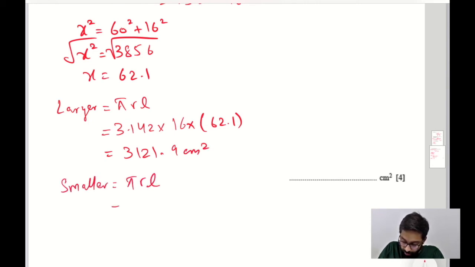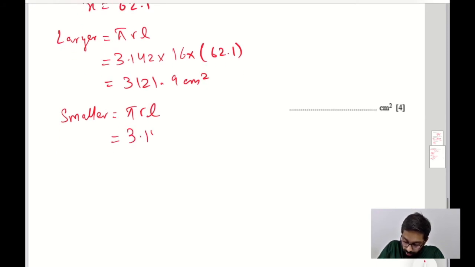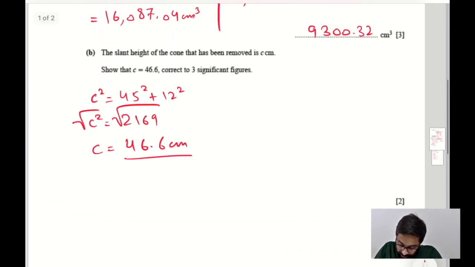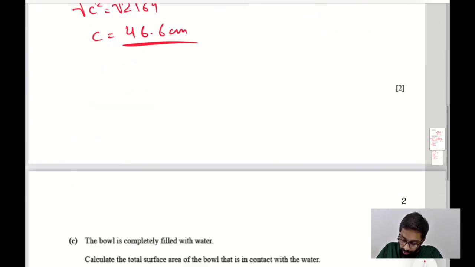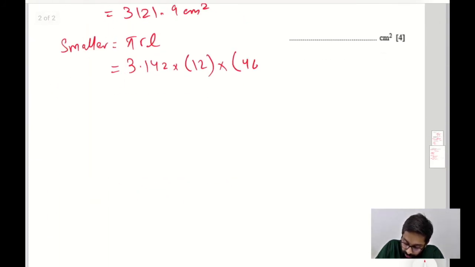Now let's find the area of the smaller cone. Using the same formula, pi r L, we do 3.142 times 12, the radius of the smaller cone, times 46.6, because that is the slant height of the smaller cone. And we get 1757.006 centimeters squared.